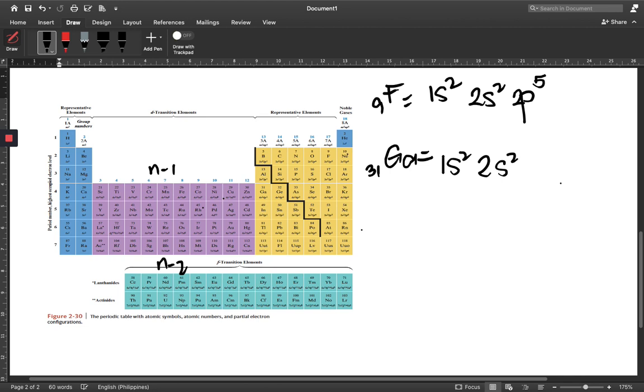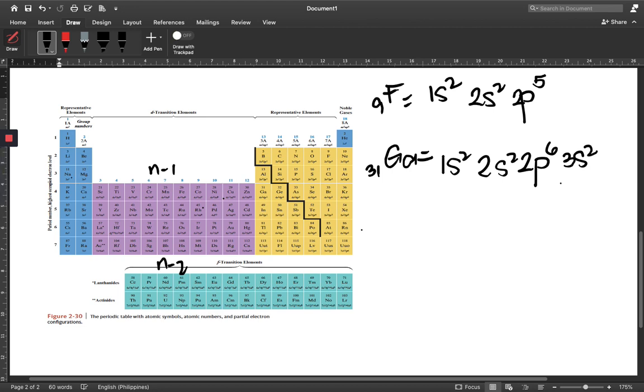After 2s2, from left to right, this is 2p. And how many cells are there? 1, 2, 3, 4, 5, 6. So 2p6. After 2p6, we have 3s2.